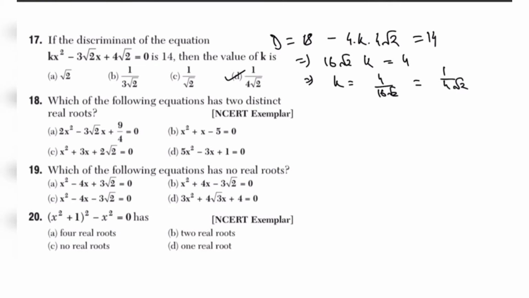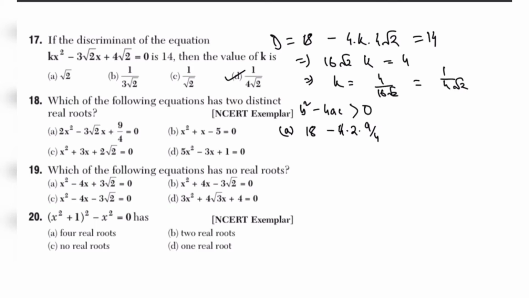Which of the following has two distinct real roots? Basically what we need to do is check for b square minus 4ac greater than 0 everywhere. So in option A, what do we have? 3 root 2 whole square, that is 18, minus 4 times 2 times 9 by 4.